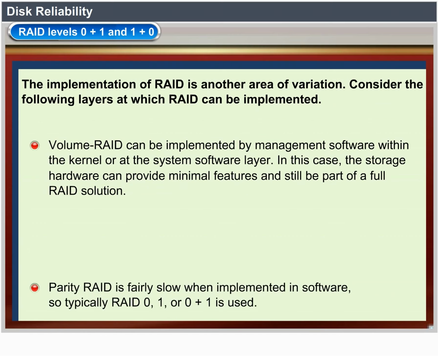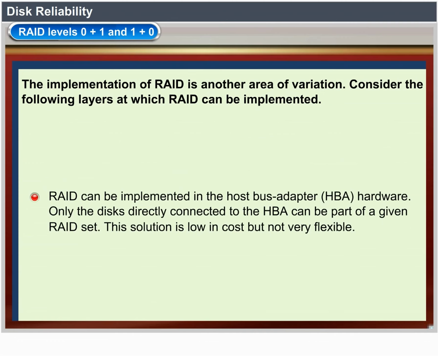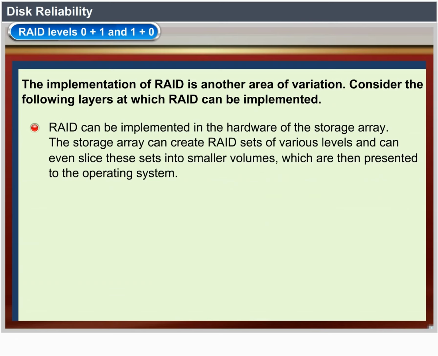RAID can be implemented in the host bus adapter (HBA) hardware. Only the disks directly connected to the HBA can be part of a given RAID set. This solution is low in cost but not very flexible. RAID can be implemented in the hardware of the storage array. The storage array can create RAID sets of various levels and can even slice these sets into smaller volumes, which are then presented to the operating system.